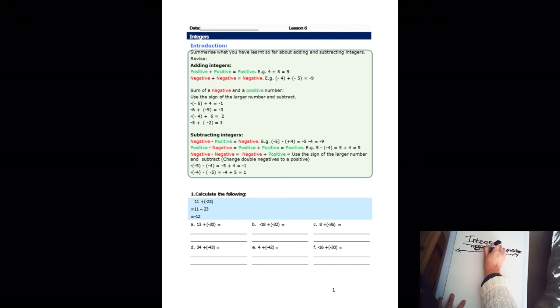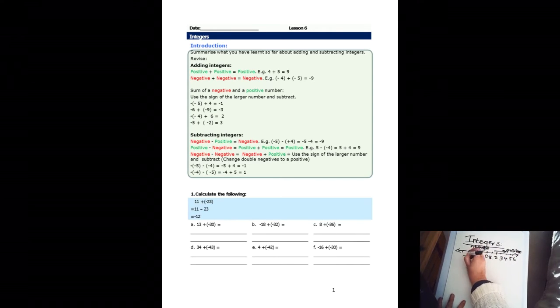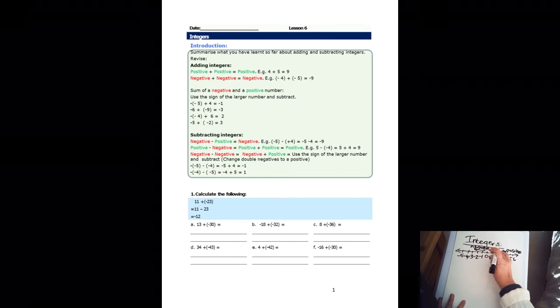The negative numbers are exactly the same. It's a mirror image. On the positive side, we've got 1, 2, 3, 4, 5, 6, and so on, and -1, -2, -3, -4, -5, and it can go on forever that way too. So it's a mirror image of each other.